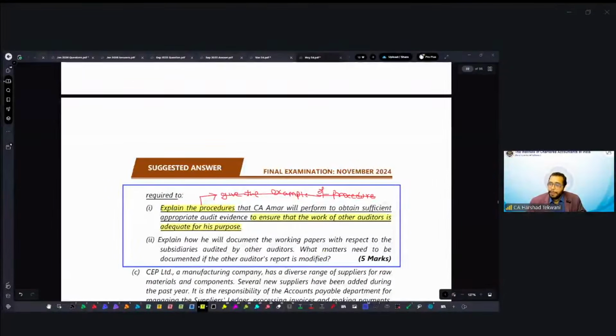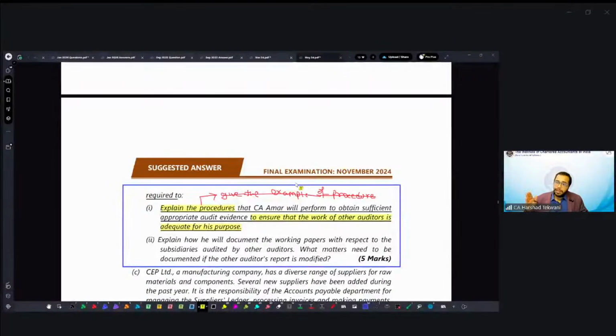Instead of giving an example, you need to explain. So if I say understand the group structure, no, that is an example.